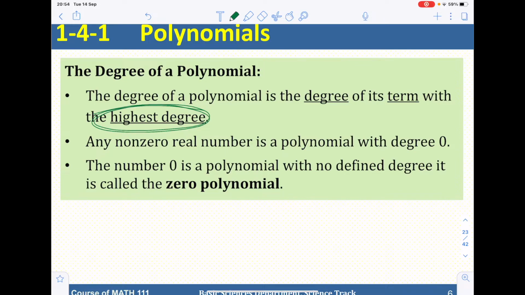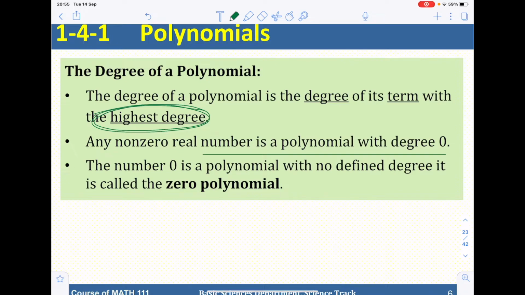Any non-zero real number is a polynomial with degree 0, because as we said, the variables are raised to the power 0 and multiplied by that number.